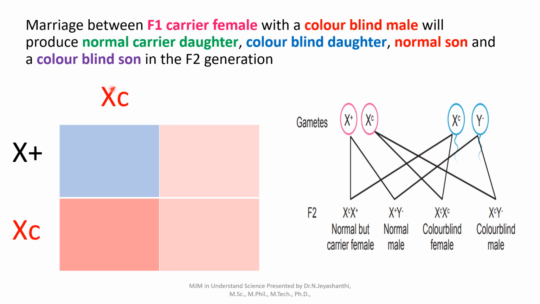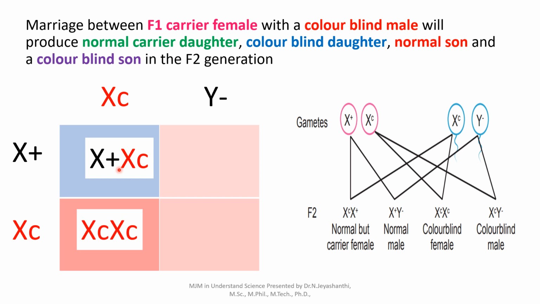Male produces X containing recessive gene, and Y. These two fused: female normal carrier, female affected having disease, color blindness, male normal, male affected. So, one carrier daughter, one affected daughter, one normal son, one affected son.